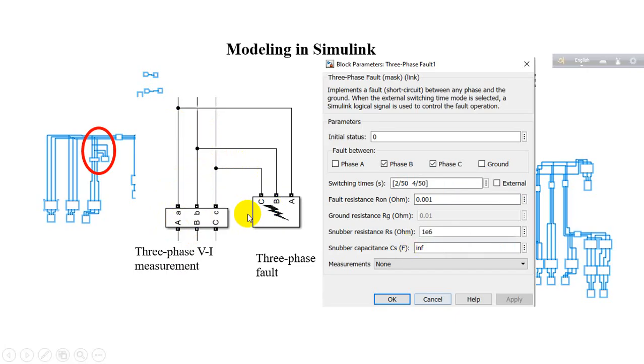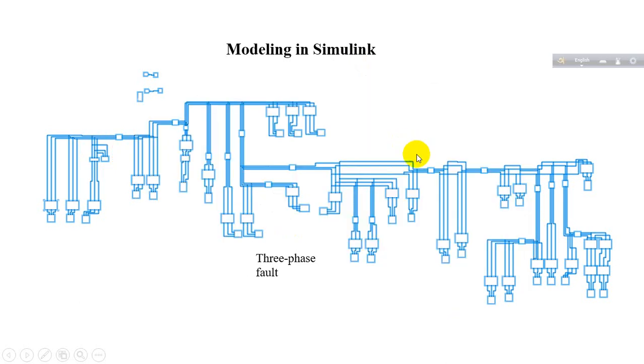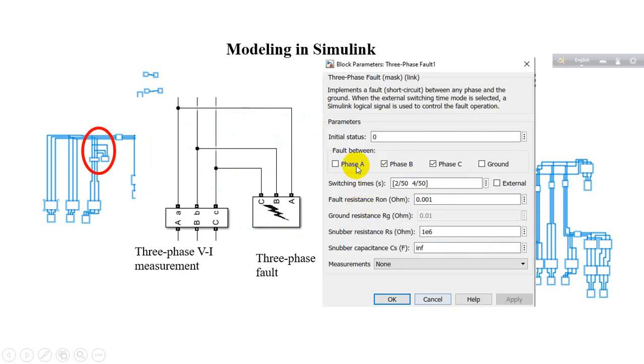If we double click on the fault, we will find this logo. Here you can see phase B and phase C are shorted and phase A is not connected with the system. Here we have set our system frequency to 50 Hz, so it will run from 2 by 50 to 4 by 50, meaning 2 cycles occur with the fault.